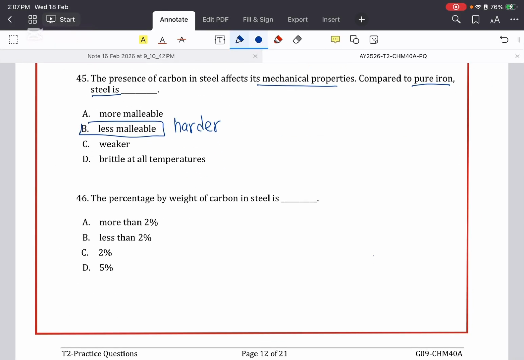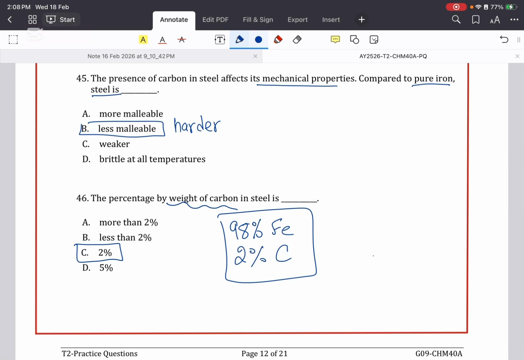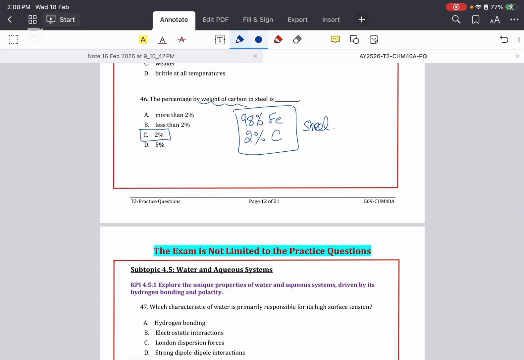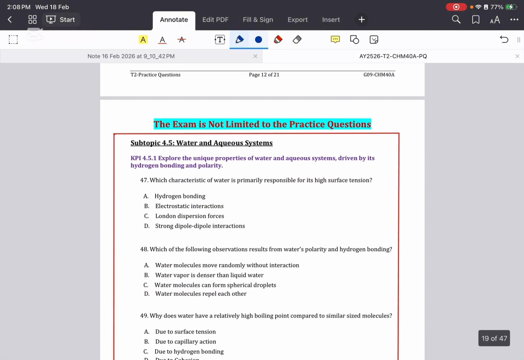Now, how much you think carbon is mixed in with iron to make the steel? It's almost by 2%. Memorize this information. So I have like 98% of it is iron and just 2% is carbon. That's the structure of steel. Just a small quantity of carbon will make a difference in the properties.